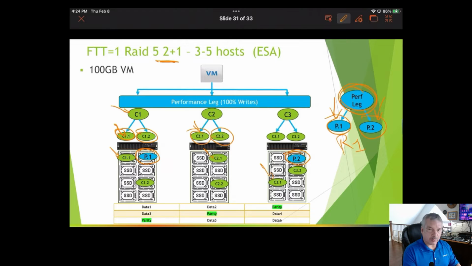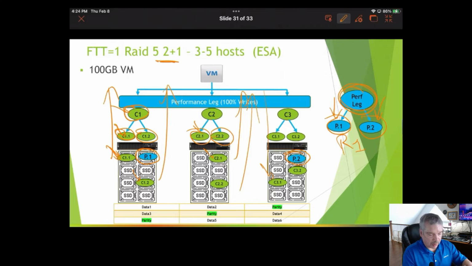Remember I said you'll have up to two components. So we're taking this capacity and splitting it across these two drives. So we're technically potentially increasing performance there as well, okay? Especially for reads, because for reads we go right out to the capacity, so we're automatically striping at this point. So your performance should be a lot better.